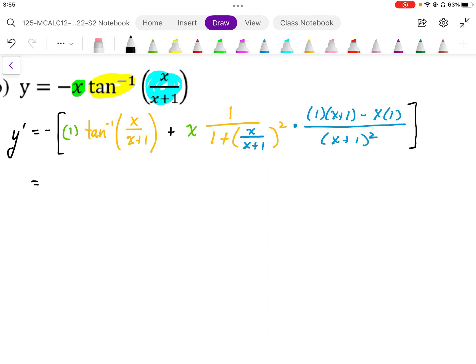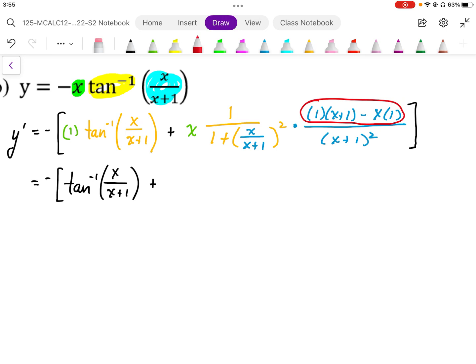Okay, so what I'm going to end up with is, I'm going to keep that negative factored out, so I end up with arctan x over x plus 1 plus, okay, so this part here just becomes x plus 1 minus x, which is just 1.